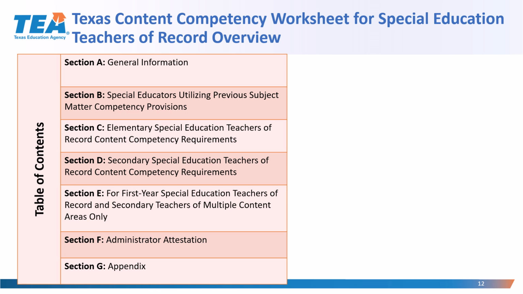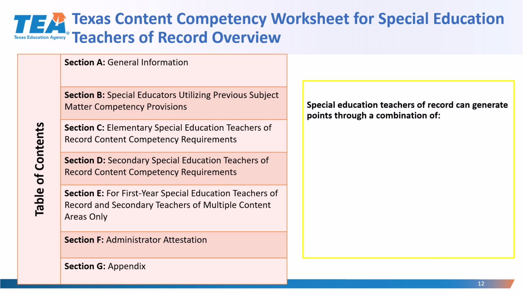The Texas Content Competency Worksheet, or the Texas Worksheet, includes a Section A for the educator's general information, including their TEA ID number, contains Section B, which is for use by special educators who previously utilized HOUSSE, Sections C and D, which contain the requirements for elementary and secondary special education teachers of record, as well as Section E, which contains additional flexibilities for first-year teachers and secondary teachers of multiple content areas. The worksheet also contains Section F, which houses the administrator attestation, and an appendix in Section G.